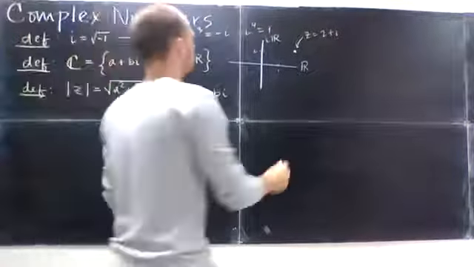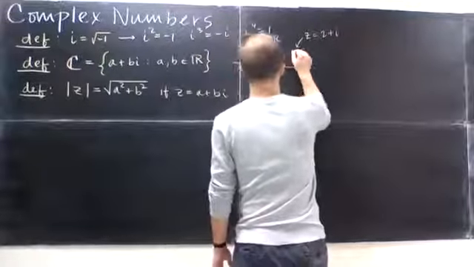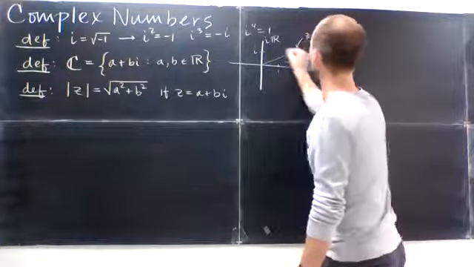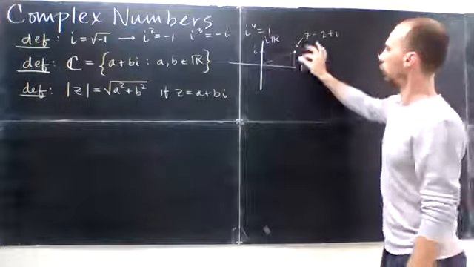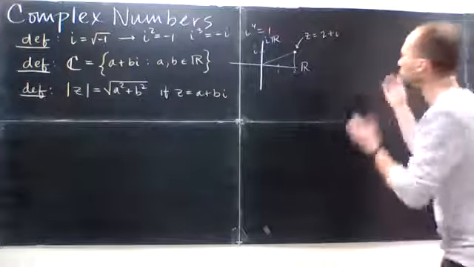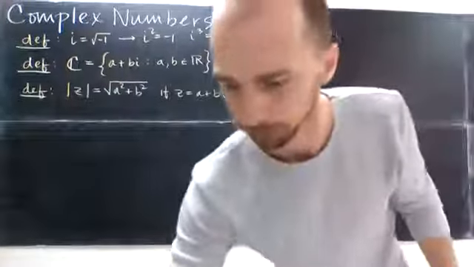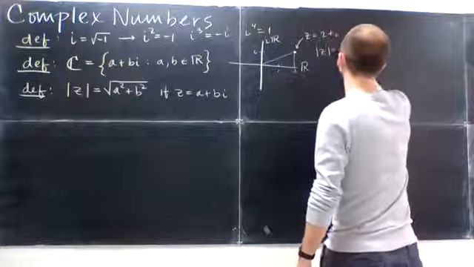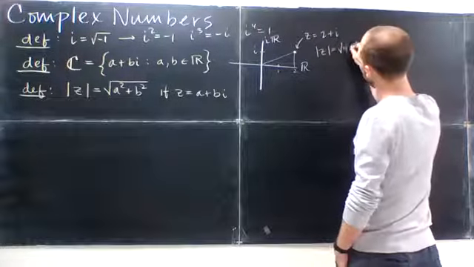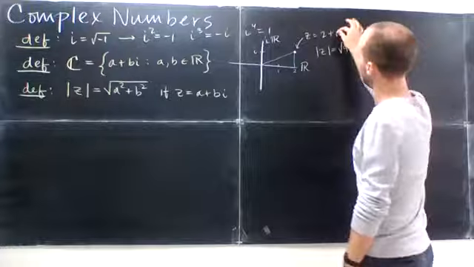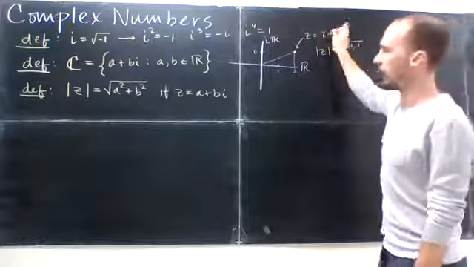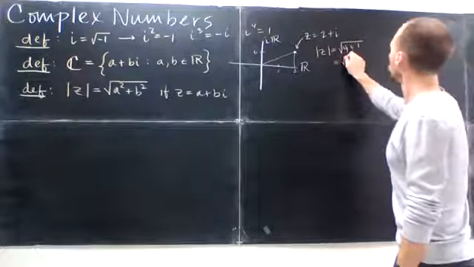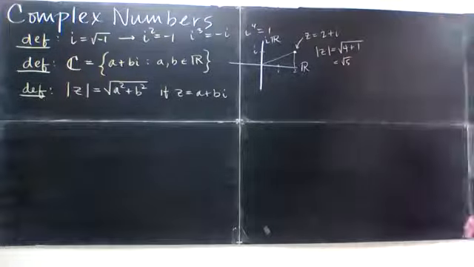And the distance here, if this was 2 and that's 1, well, that'll be the square root of 4 plus 1, which is the square root of 5. So maybe I'll write that over here. The absolute value of z is equal to the square root of 2 squared plus 1 squared, not the i squared, right? It's the number of i's, a plus b. And that's the square root of 5.